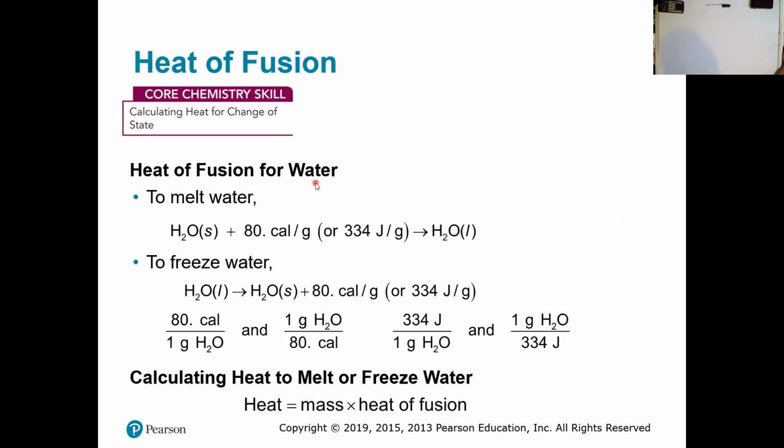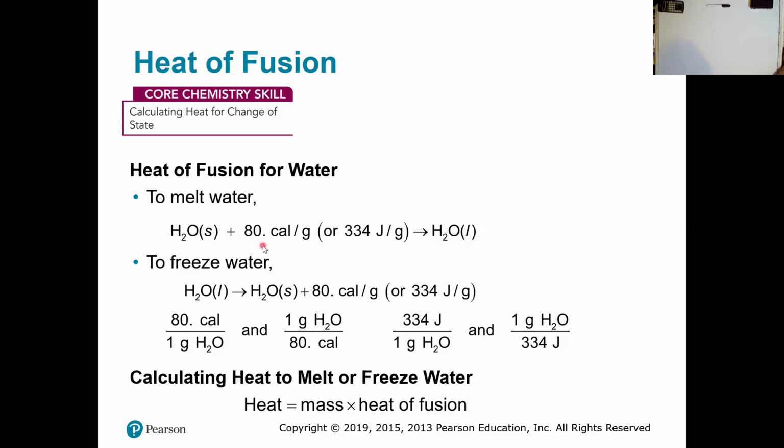For water specifically, the heat of fusion is going to be represented in either calories or joules. Either one is fine. But we're going to see that if you have solid water, which is ice, and you add 80 calories of heat, of energy, to 1 gram of that ice, then the ice will melt into liquid water.